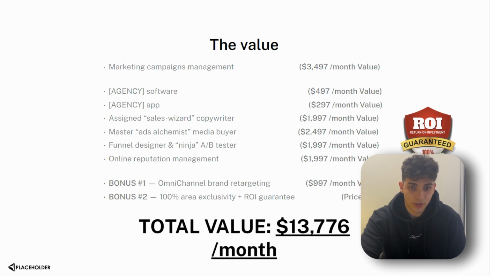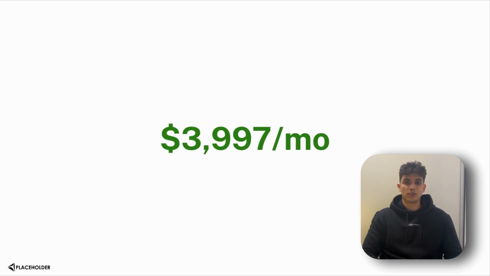And yes, after you tell them, okay, the total value is $13,000, but of course we don't charge that much. We charge only $4,000 a month. And that's it. When you tell them the price, you shut up. You don't tell them anything anymore. You just tell them the price and you are quiet. You just go, and we charge $4,000 a month.